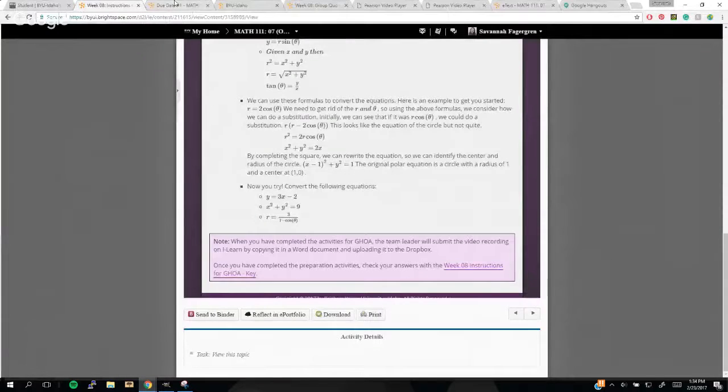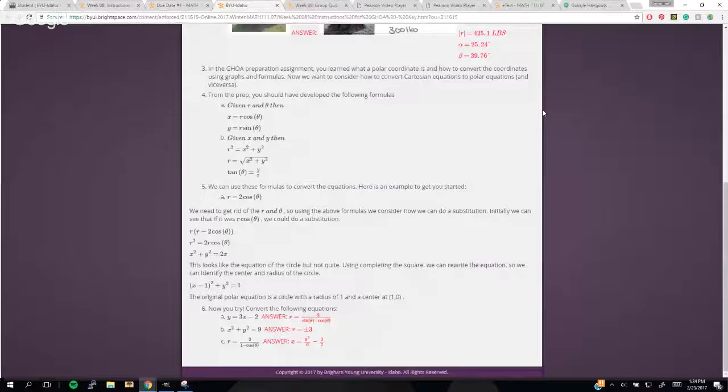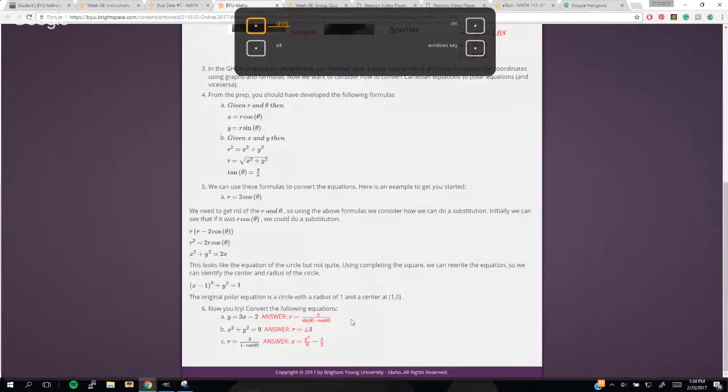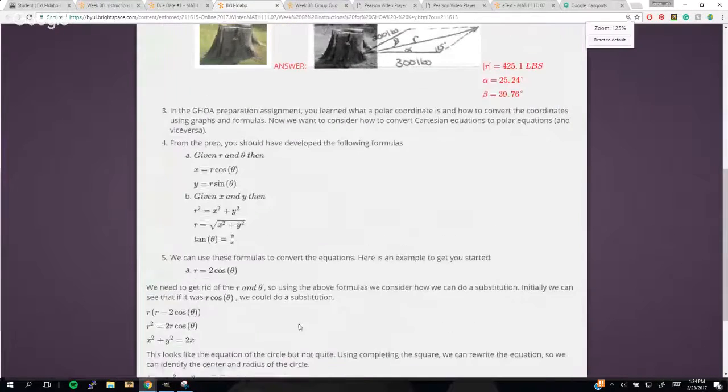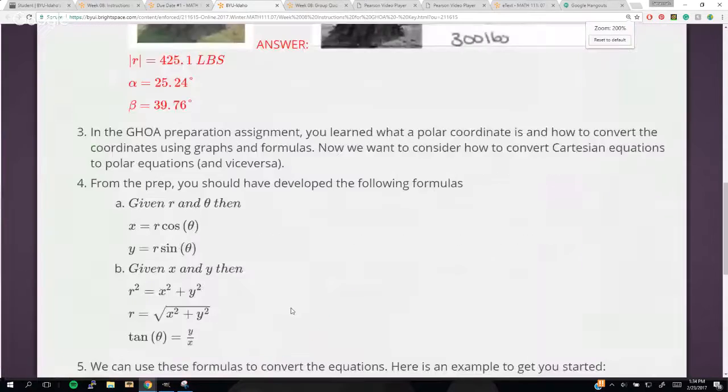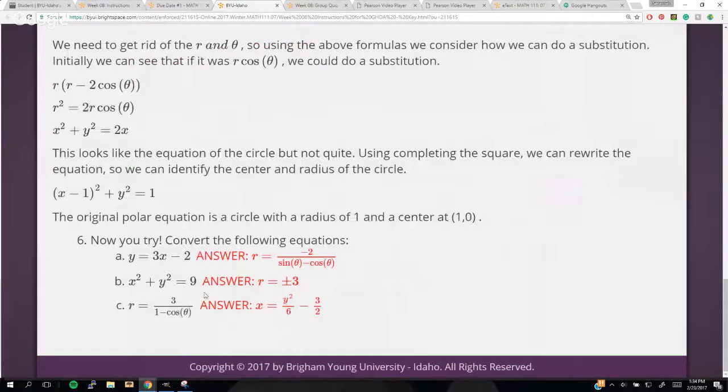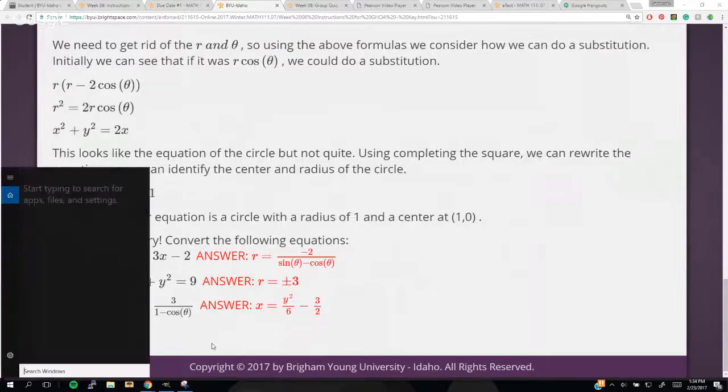What he wants us to turn it into is x equals y squared over 6 minus 3 halves.